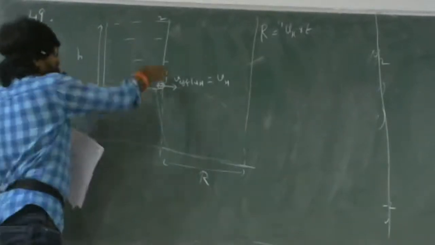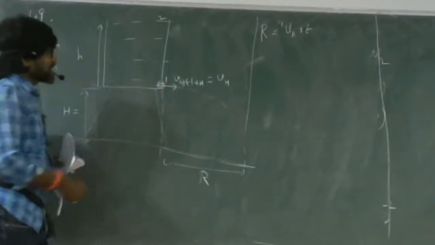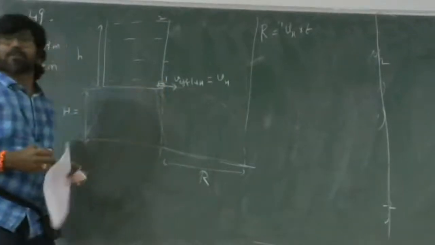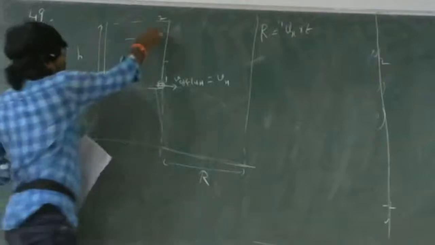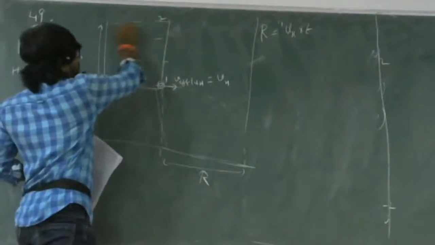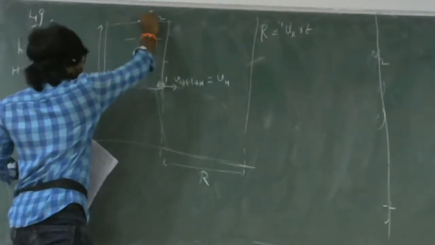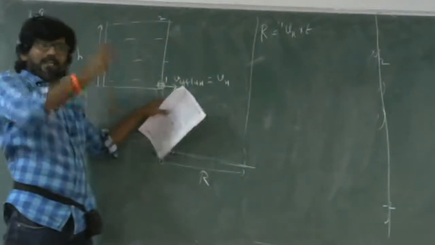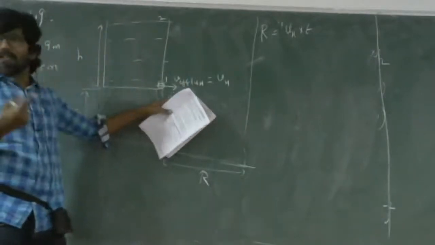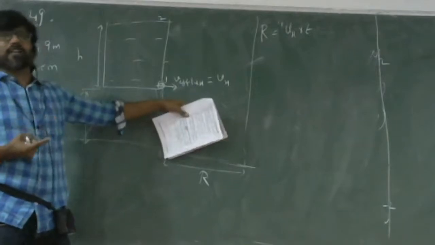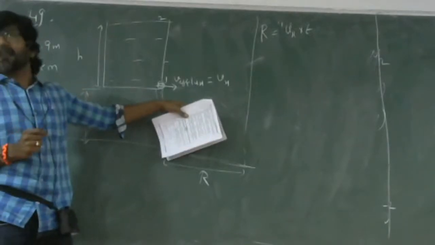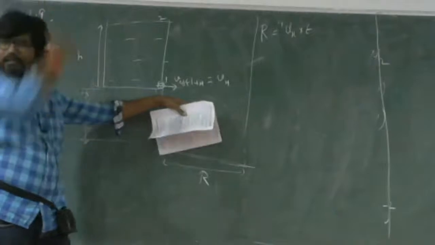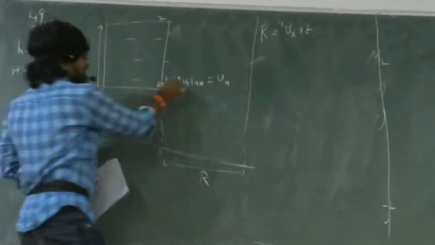So first thing here, to find this velocity, we have to use the equation of motion. When water comes from here to here, it is initially at rest, and by the time it comes here, it gets a velocity of efflux. Using the equation V square minus U square equals 2AS, since it is moving down under gravity, we can take this as Vx.